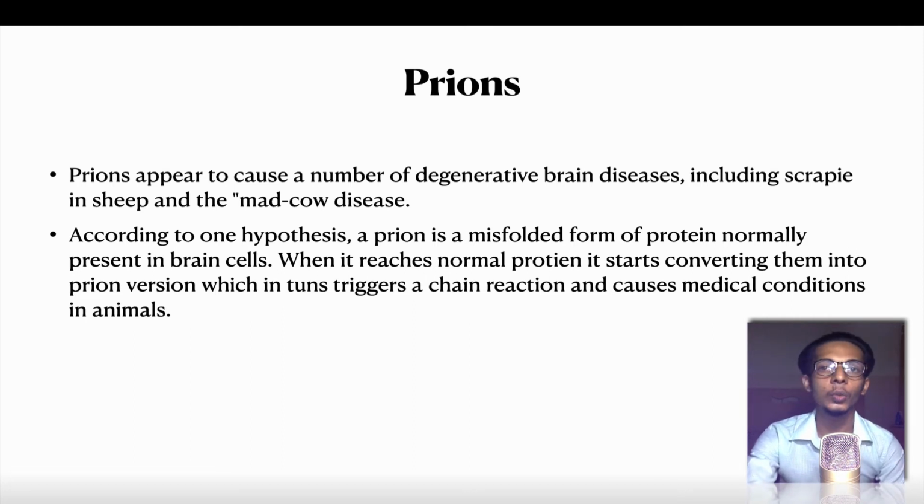When it reaches our normal DNA, we can say it triggers a reaction and converts that normal DNA into prion form of DNA, and that's how it keeps doing it and converts all the brain cell protein into prion shaped protein, due to which there are various complications found in animals such as mad cow disease and scrapie in sheep.